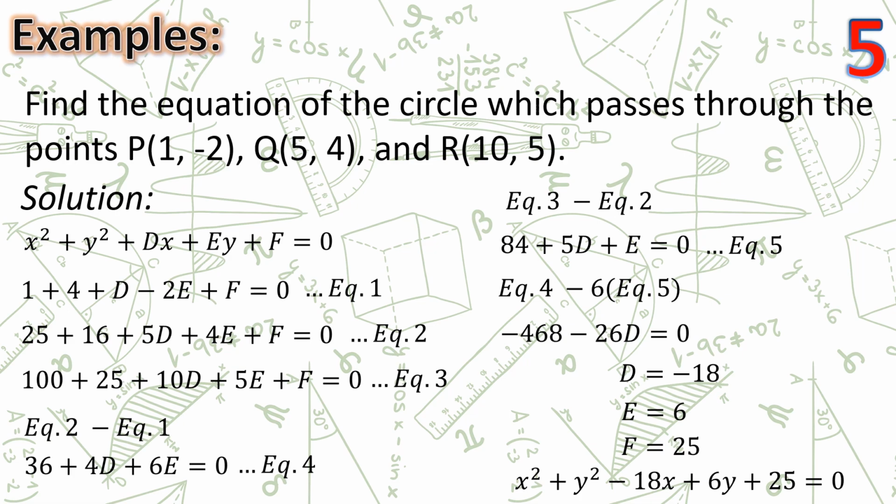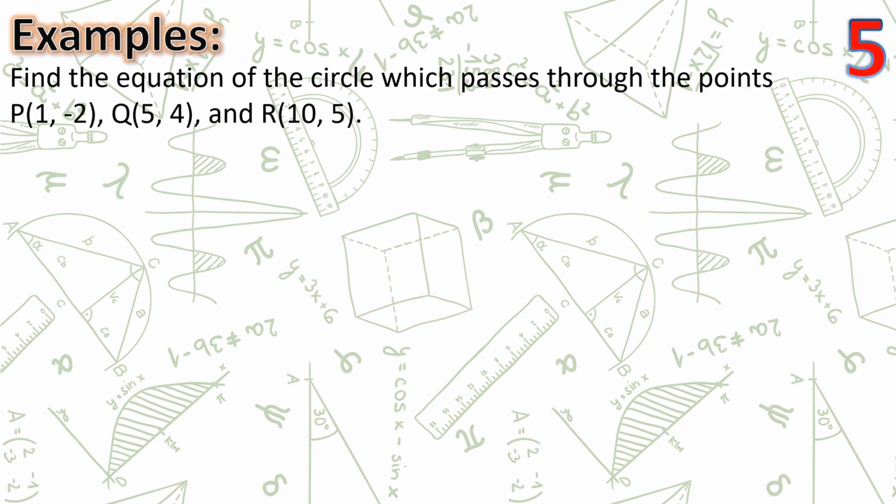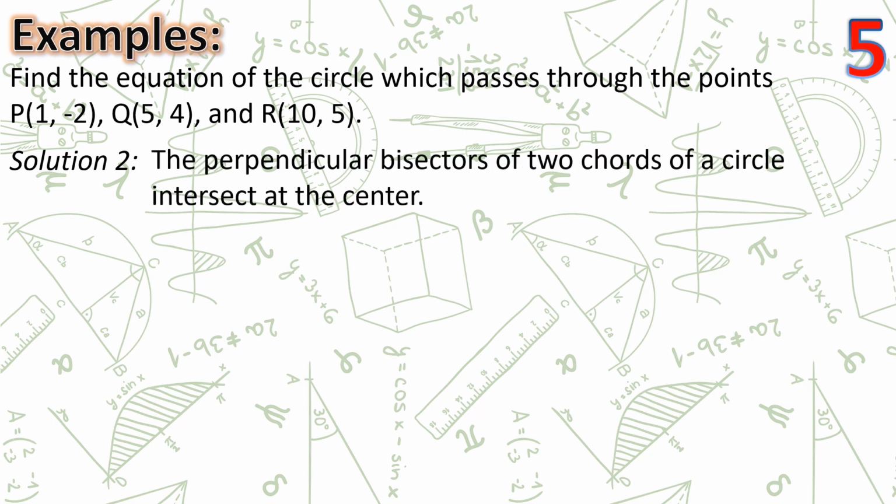Let us have an alternative solution to this. In geometry, we learned that the perpendicular bisectors of two chords of a circle intersect at the center. So let us have the perpendicular bisector of the segment PQ, and we get 2x plus 3y equals 9.